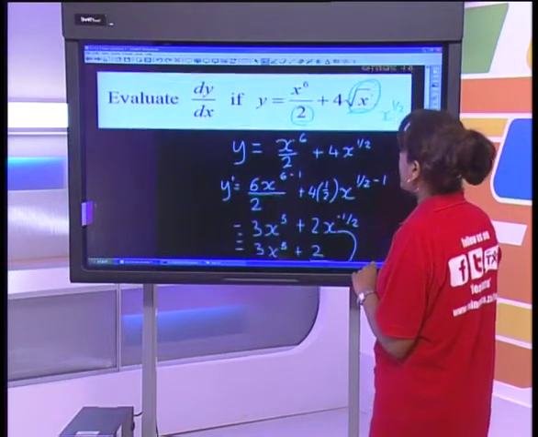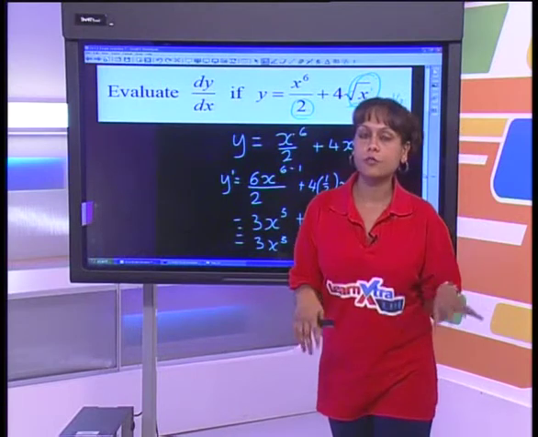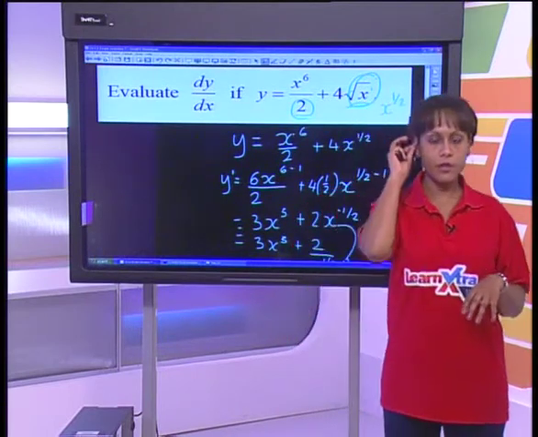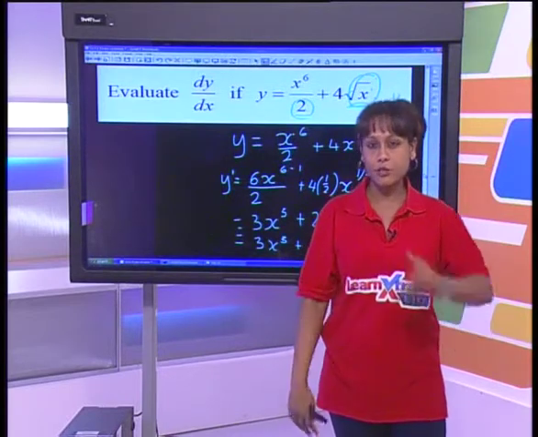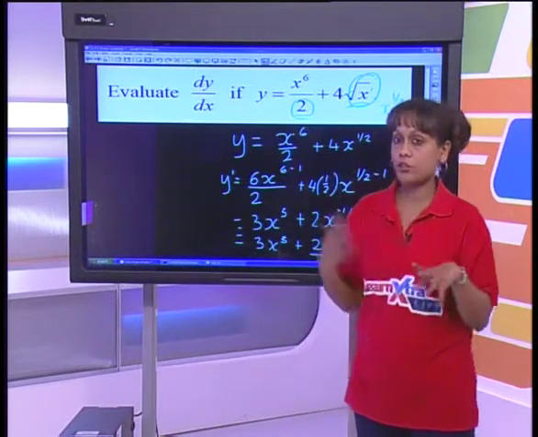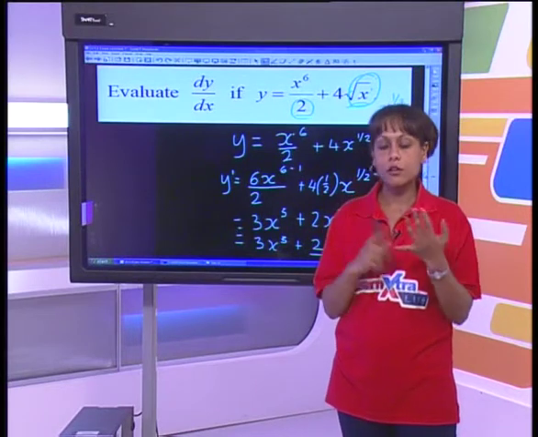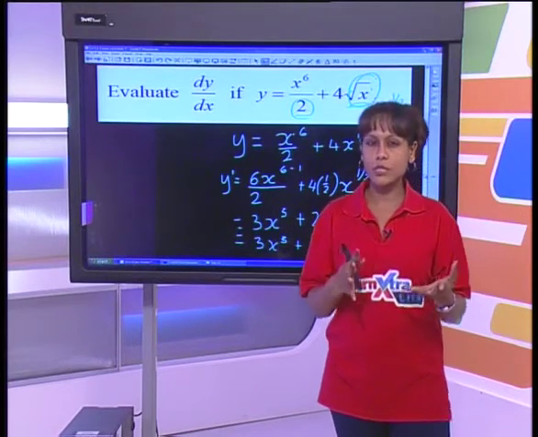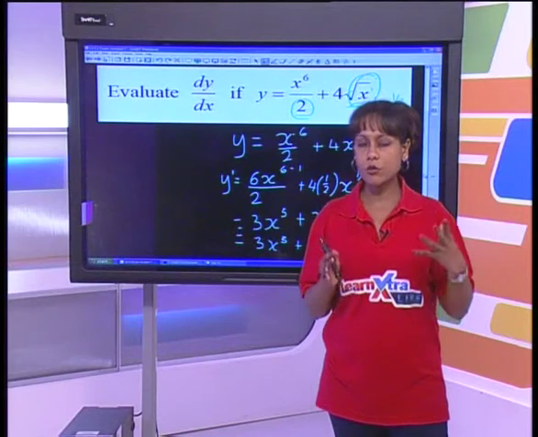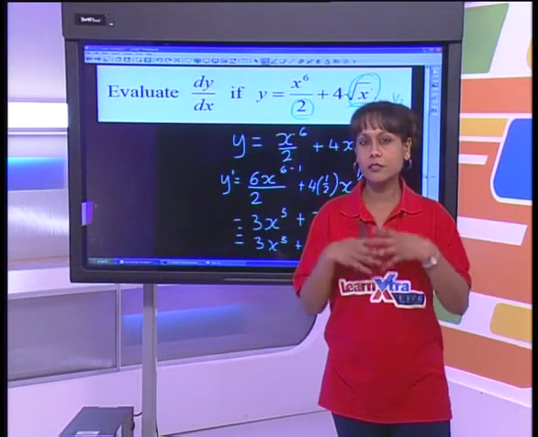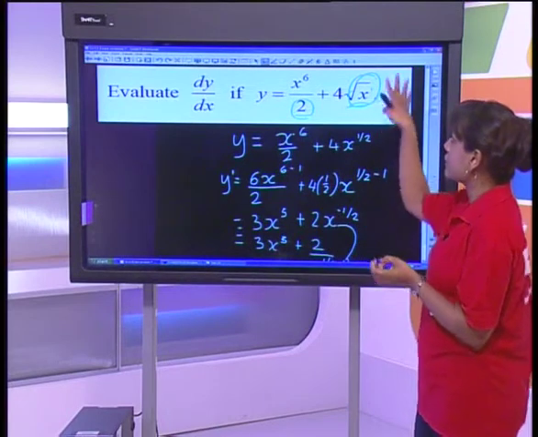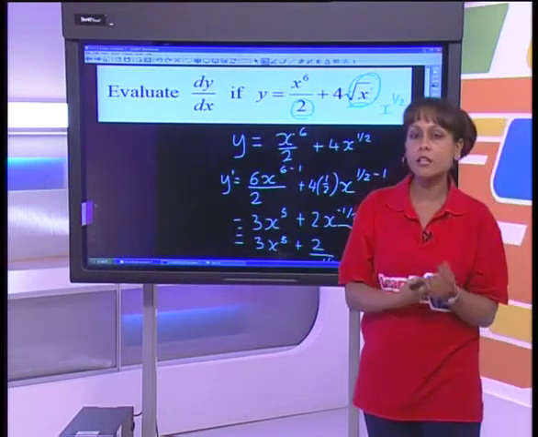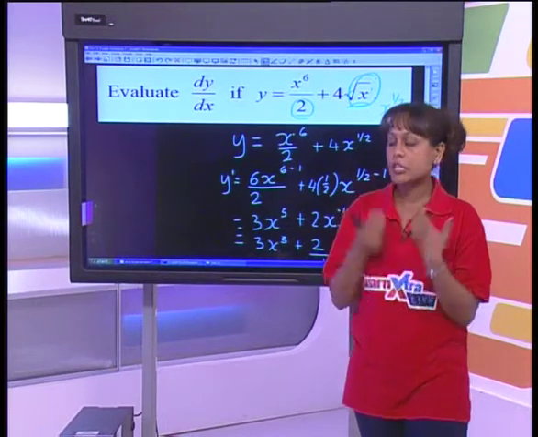All right, guys. So just a reminder of how we did this. Remember that with your deriving by rules, you need to have single terms. So that was really in essence what this was showing. You have to have single terms where there's no x in the denominator, there's no root signs, and there's no brackets. So what you want to always try and do is, if you have brackets, times them out. If you have a root sign, as we showed you in this question, you need to get rid of that root sign by using your laws for exponents.